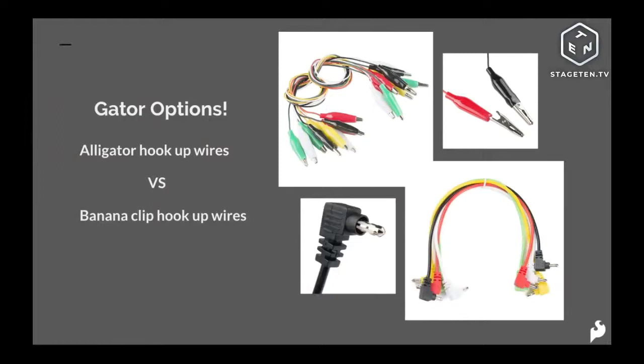So we also have banana clips, which press really nicely into the boards and stay nice and solid. Both options are really good for the classroom. If you're dealing with younger kids, no matter what the age, banana clips are a nice, clean way to hook up, and they tend to stay hooked up a lot longer as you move things around and get things situated.